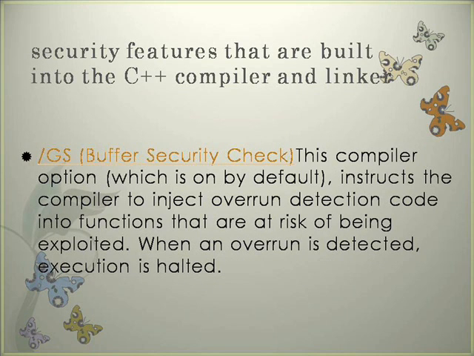Security features that are built into the C++ compiler and linker. This compiler option, which is on by default, instructs the compiler to inject overrun detection code into functions that are at risk of being exploited. When an overrun is detected, execution is halted.